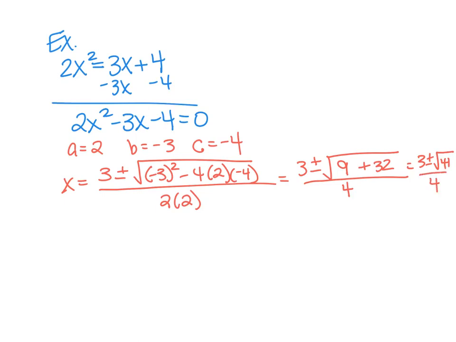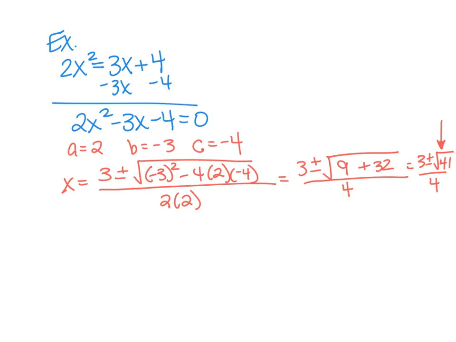Now, last time when we looked at this square root, it was perfect. But 41 is not perfect anymore. Now, since this is not a perfect square, I cannot continue to reduce it.